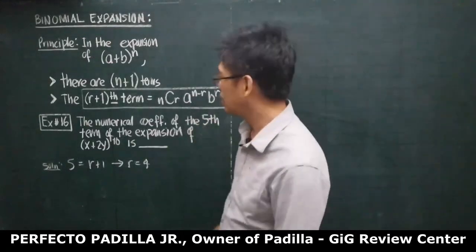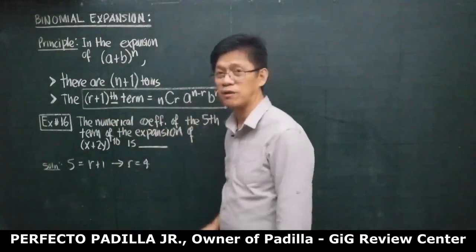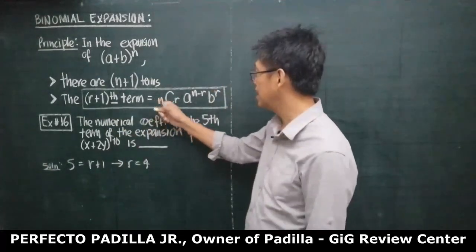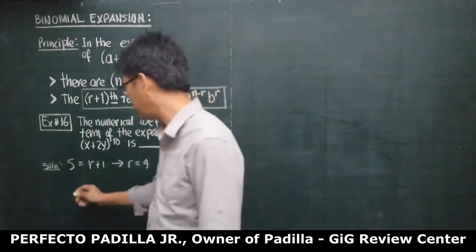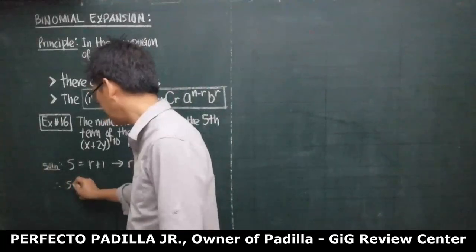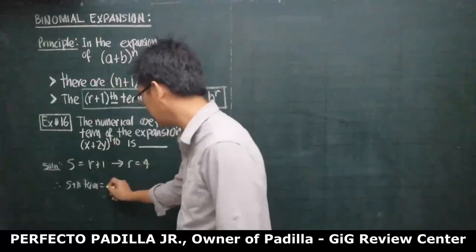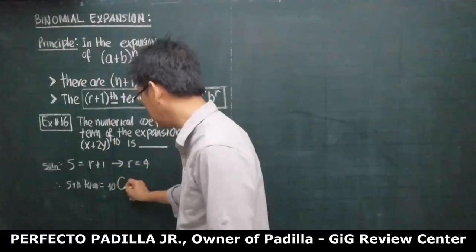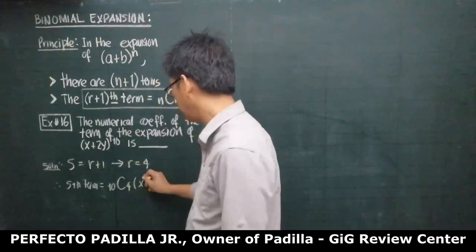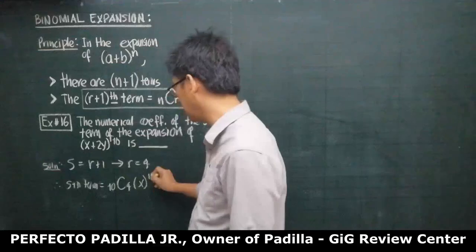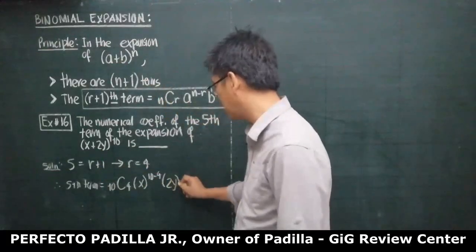Okay? So, substituting to this, simple lang eh. Direct substitution ng formula. Tapos, b to the r. Okay? So, therefore, the fifth term is going to be n, ano yung n? 10, c, r is 4, a is x, to the n, 10 minus 4, b, that is 2y to the r.